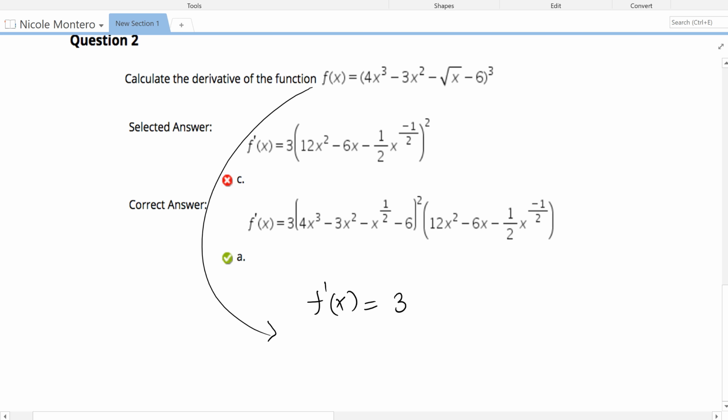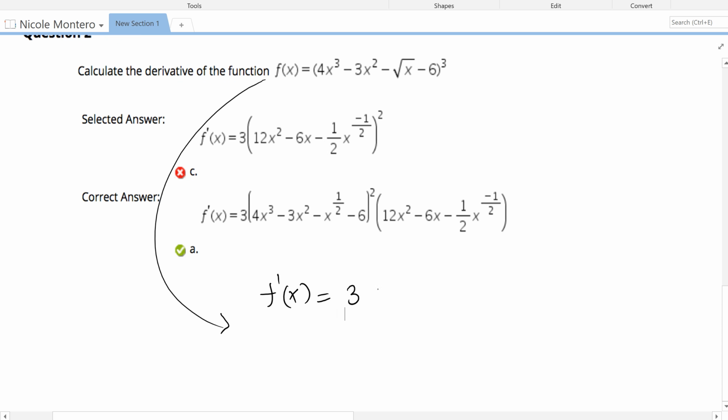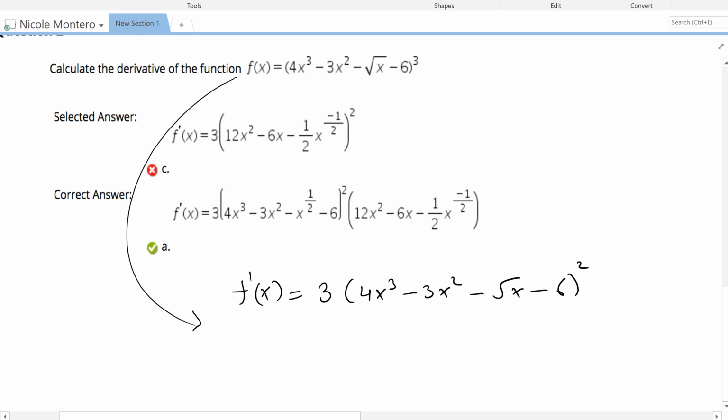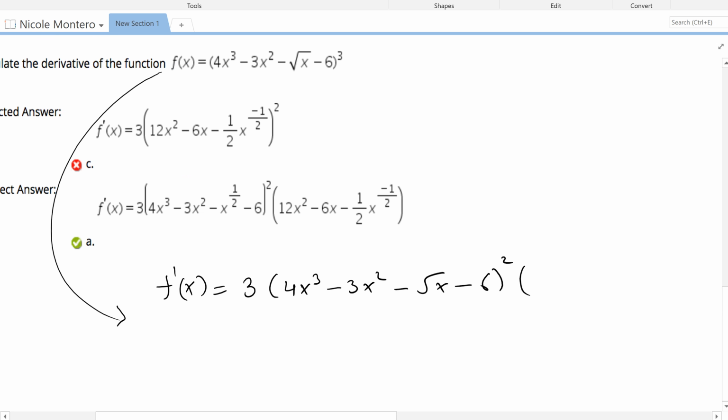So power is 3, you write it at the front, and then all those terms are going to stay there. You simply reduce the power by 1, and then you do the derivative of all these terms in here, right?